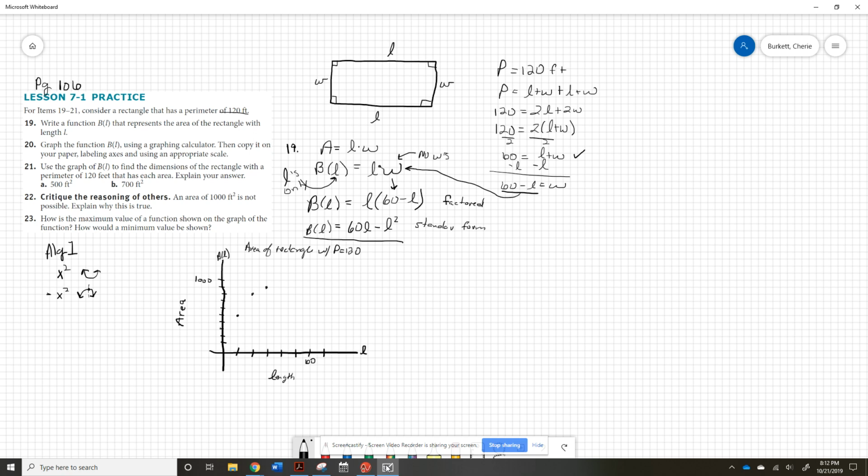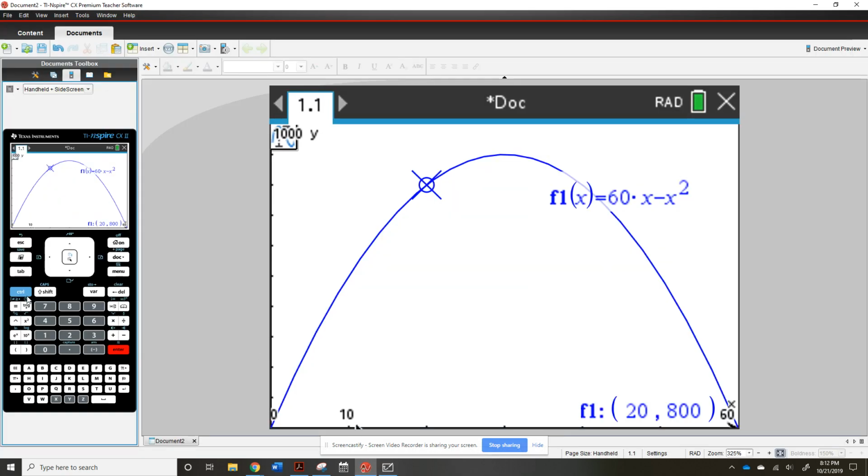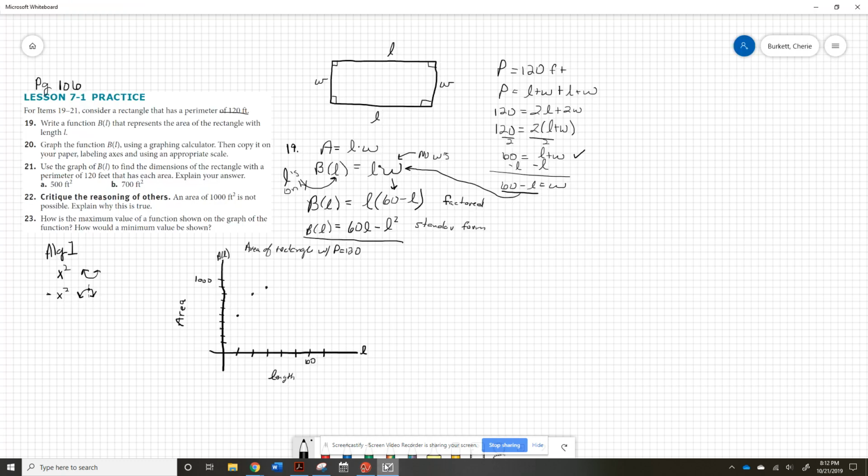So 3900. Go back and type in 40. You see 40 is up at 800, and then type in 50, and we get 50 is at 500. So 40, 800, 50, 500. And you can see that our parabola is off.